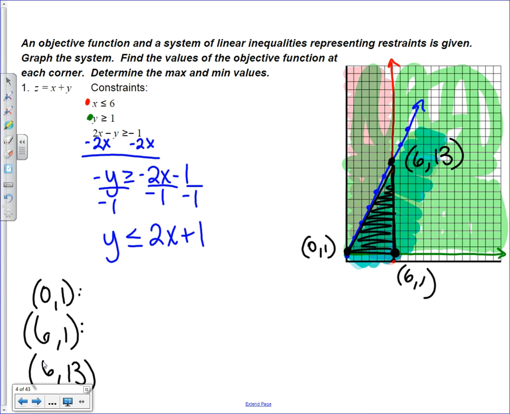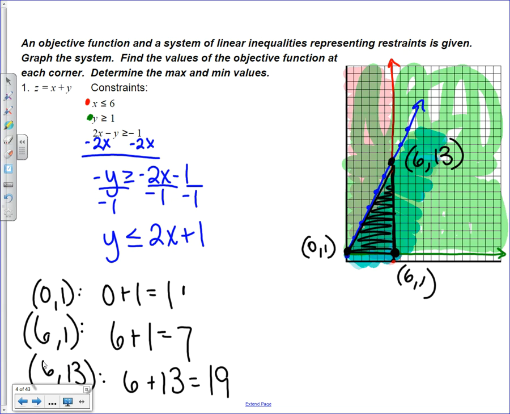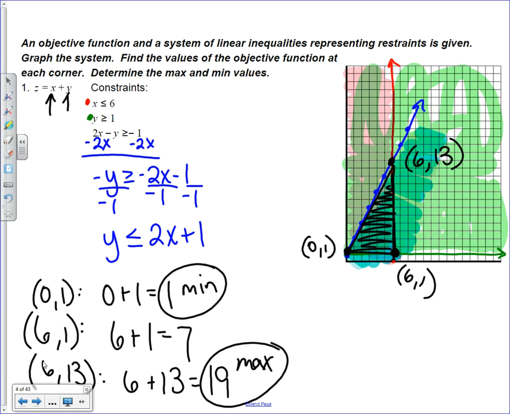So let's take those x and y's and let's plug them into our objective function. So I have a min of 1 and I have a max of 19. So again, that's just me plugging in the x and the y into that objective function.